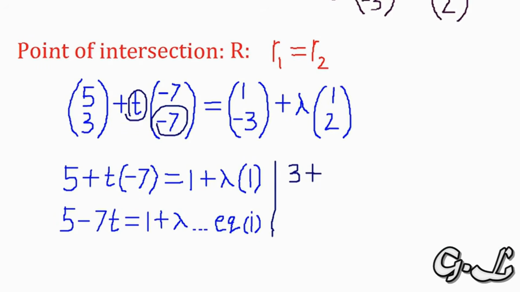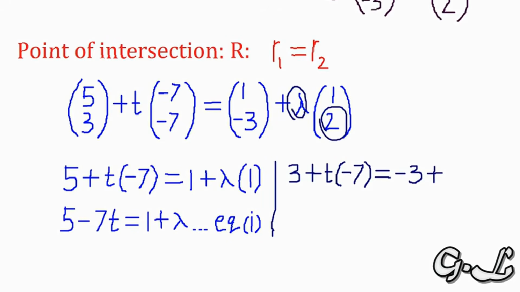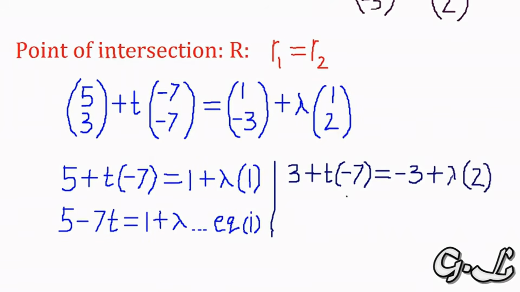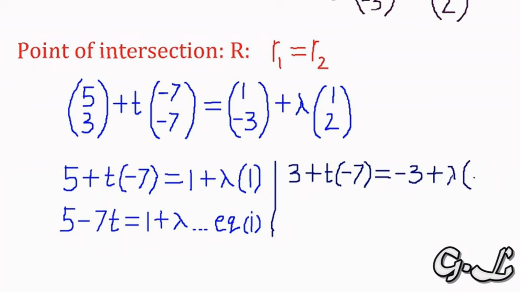T is applying to both the top term and the bottom term. So we're going to say t multiplied by the -7, which is at the bottom. So t times -7, and then the equal sign, and then -3, and then the addition, and then lambda times 2. It is going to be like that.